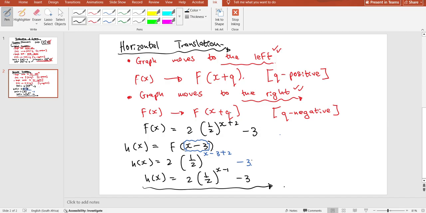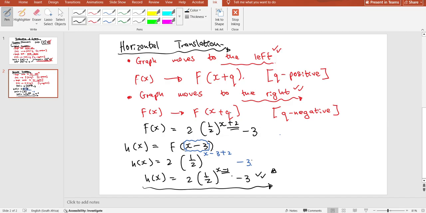So I hope you're seeing it now. I've done a couple of examples where I'm showing you step by step how you get the new graph, and I'm also explaining how you would describe that. So again, if you're given this graph here and then you're given this new h of x there, and you look at those exponents and compare them, you can see that initially it was a +2, now it's a -1.